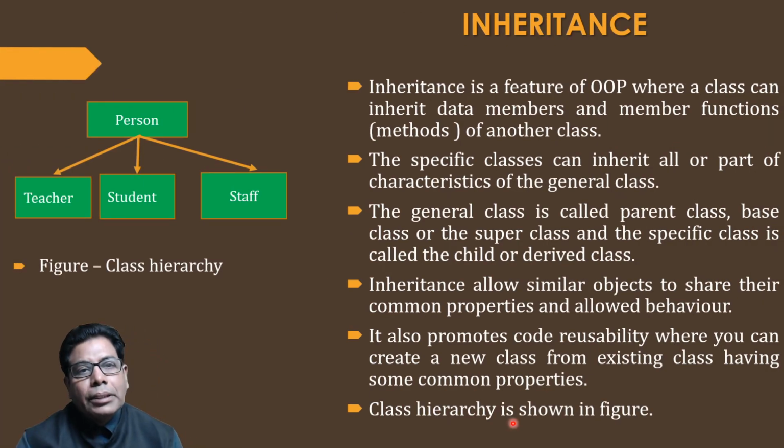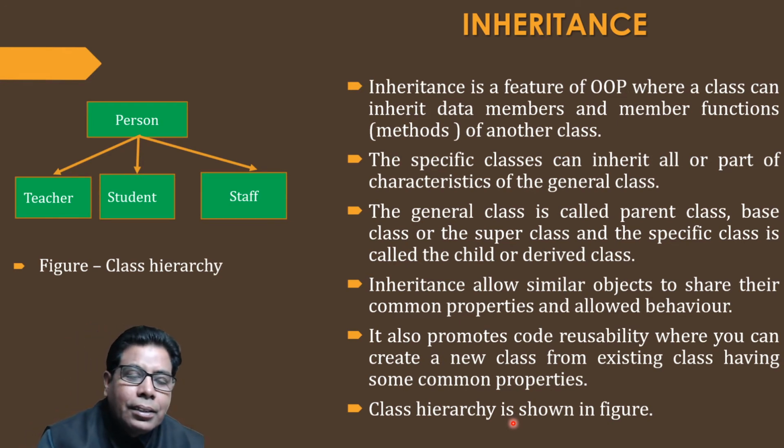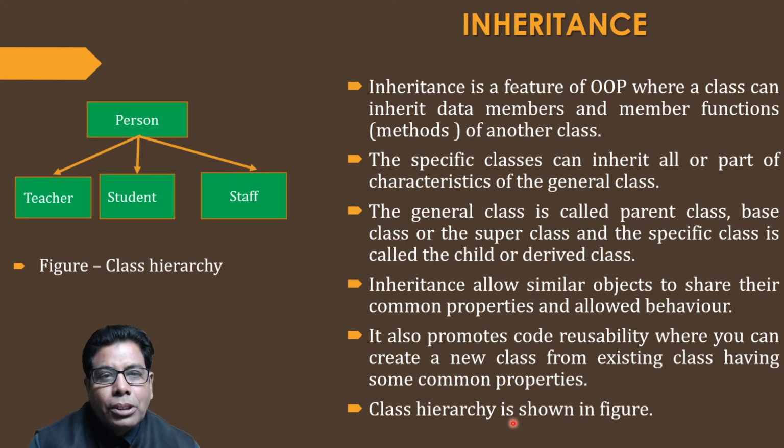Then let us go to the next thing, that is inheritance. Now inheritance is the feature of object-oriented programming where a class can inherit data members and member functions of another class.